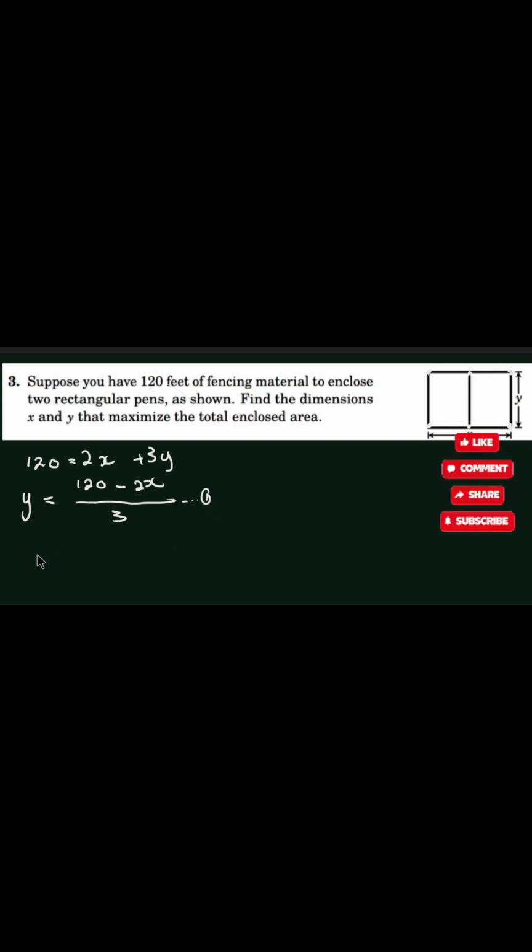And then the second equation, remember here, they say find the dimensions x and y that maximize the total enclosed area. So when they talk about the area, you use the area formula. They're not talking about the cost or anything here, they're talking about the area.